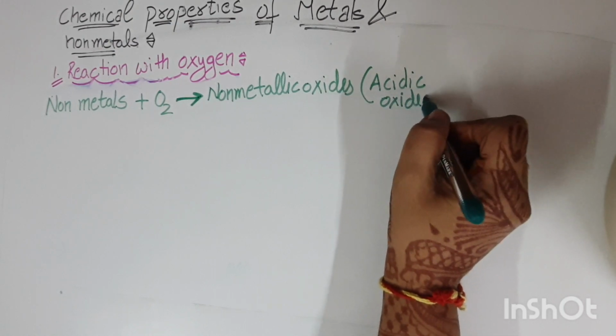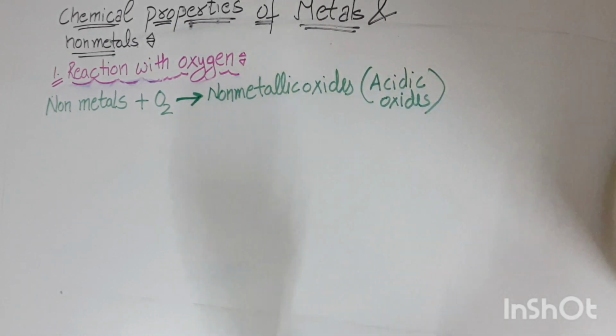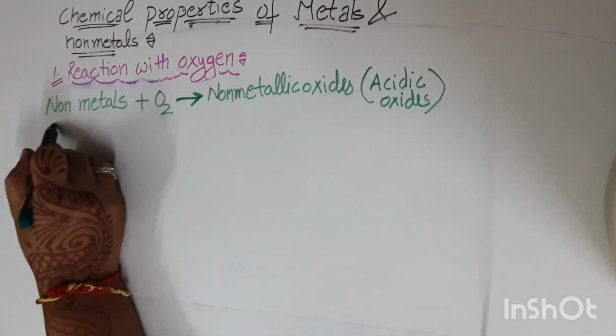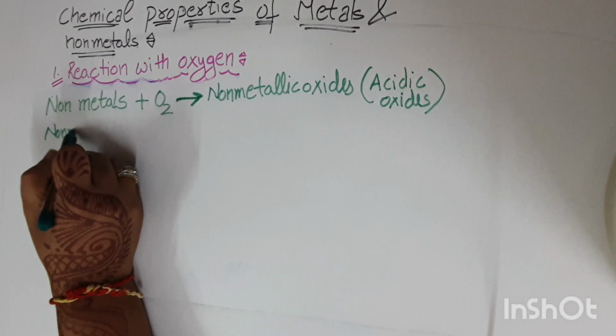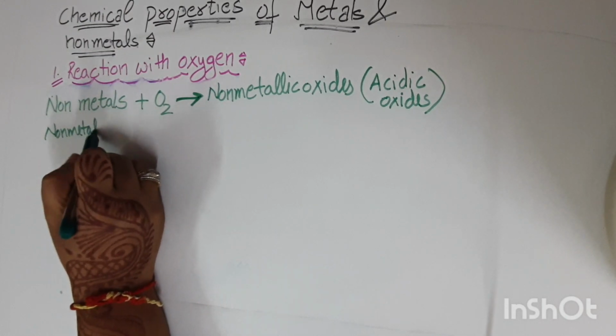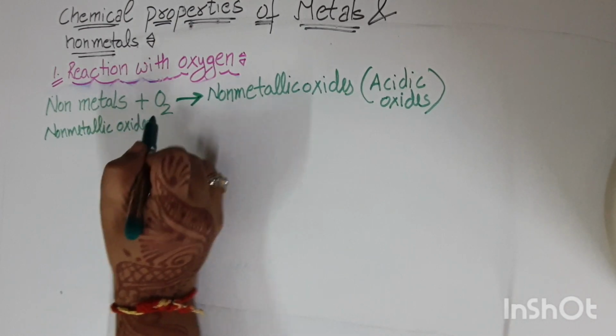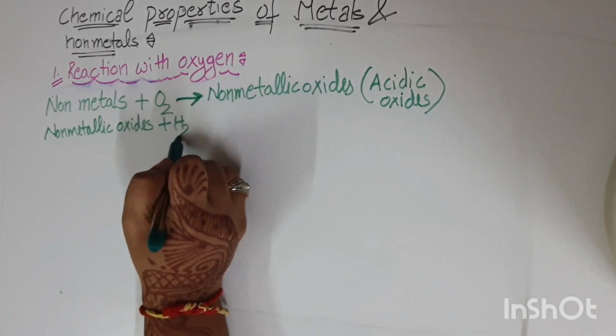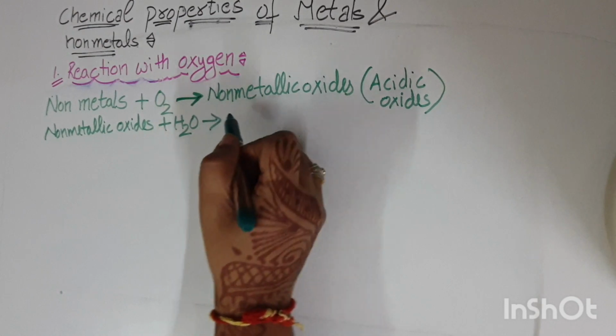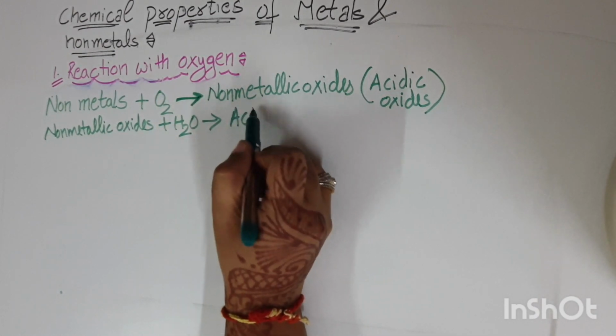Now the question is again the same. Why are non-metallic oxides said to be acidic oxides? Because when non-metallic oxides are dissolved in water, they will give you acids.